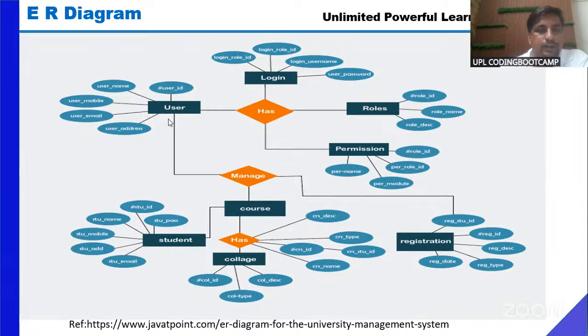Here, this is an entity, user. The diamond shape is a relationship, and these are called attributes. This is how the association works: user manages course. A course may have a course type. And student, I have given just for information.